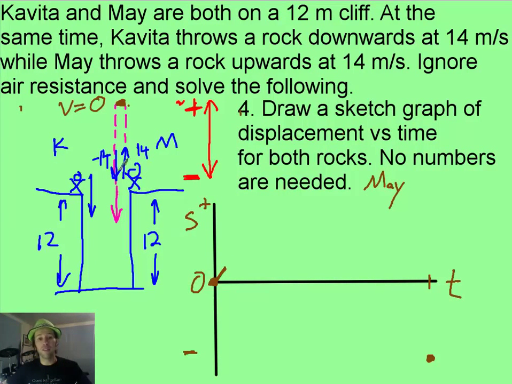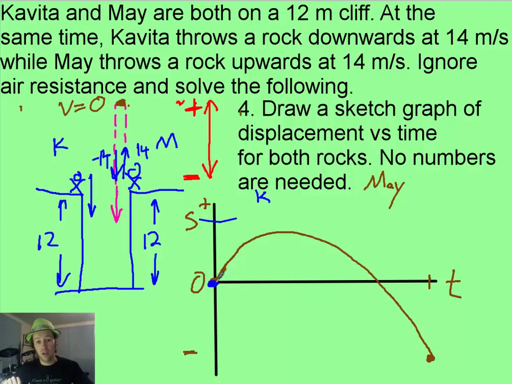Hopefully you've heard that all projectiles have a parabolic function. So we know that it's going to go up in a parabola shape, and it's going to come down. This is where it goes back zipping past May on the way down there. Now, we'll change colors, and we'll talk about what's happening for Kavita.